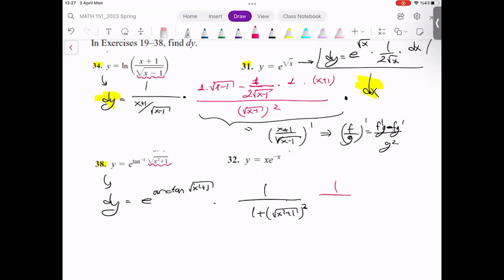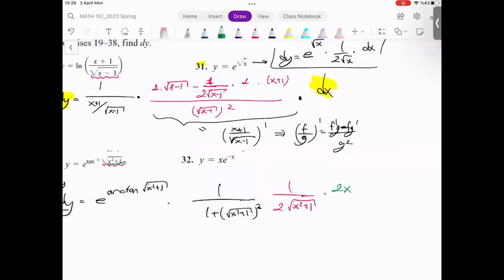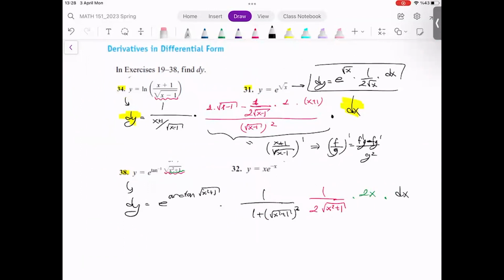It is a square root function, so 1 over 2 times itself is the derivative of the square root, and then you move one step further. You need to multiply with the derivative of the innermost part. x squared plus 1 is differentiated as 2x, and then at the end, you need to add your dx. So this is the complete differential of the given function.